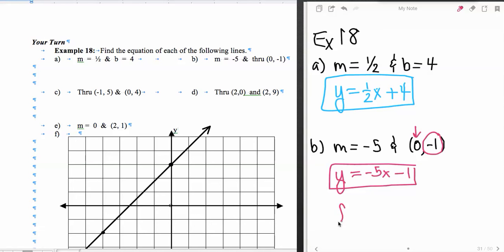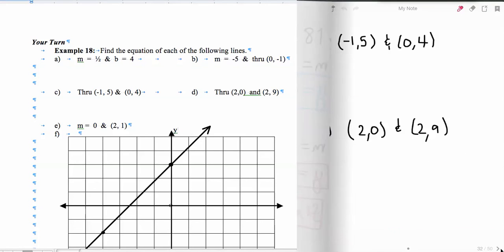Now I'm going to refresh your memory. Don't forget that another way we could write this is f of x is equal to -5x minus 1. Just so you don't forget about our function notation way of writing things, the f of x standing for the same thing as y. All right, moving on to part C.